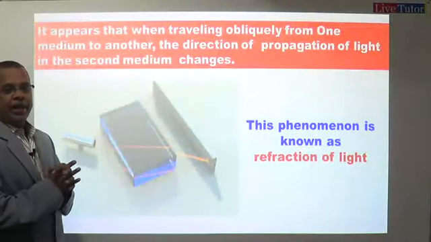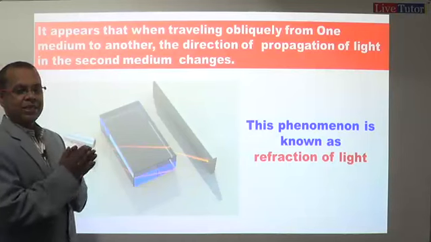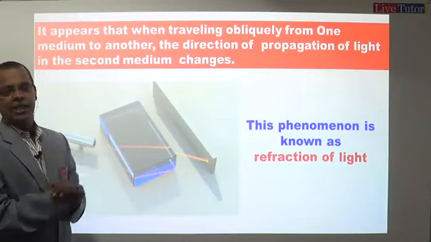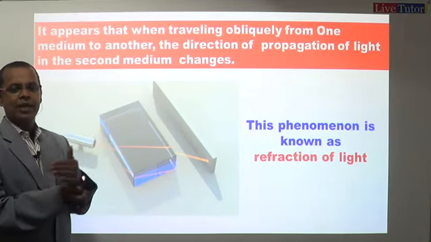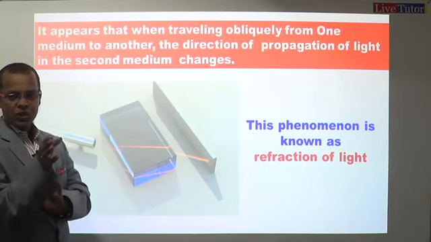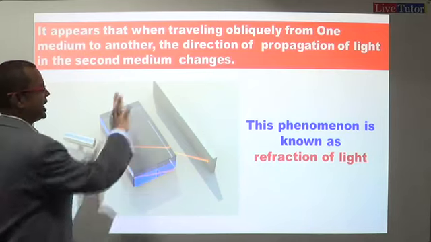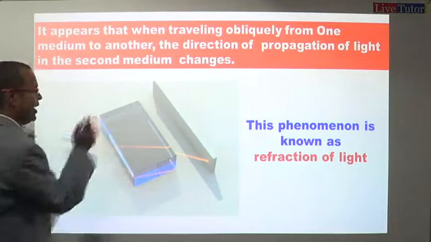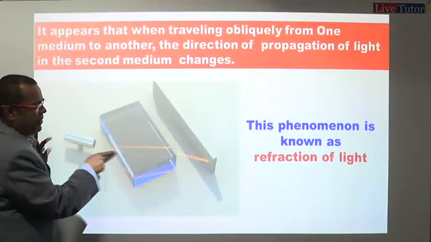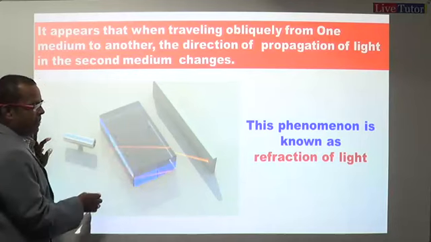So, what do you understand from this? It appears that when light travels obliquely, that is, at an angle, from one medium to another medium, the direction of propagation of light in the second medium changes. For example, here I am using a laser beam.